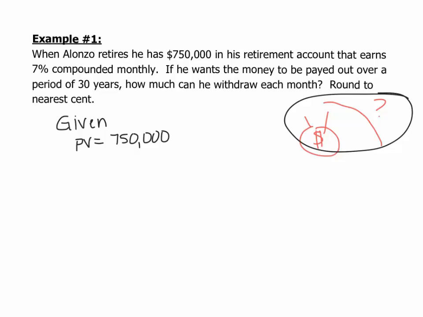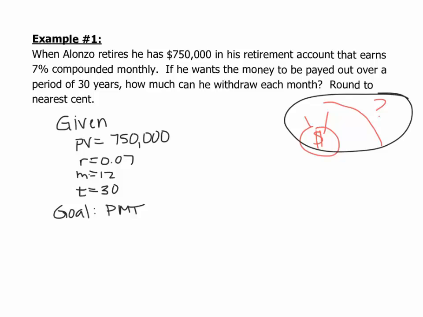Our account earns 7% compounded monthly, so my r is 0.07 and my m is 12. We want the money to be paid out over a period of 30 years, so my t is 30. How much can he withdraw each month? That tells me my goal is that payment.